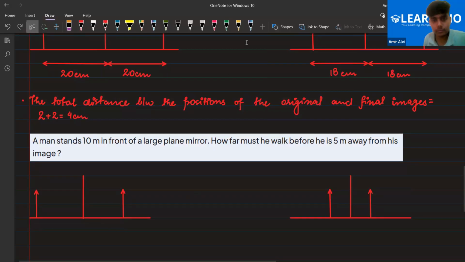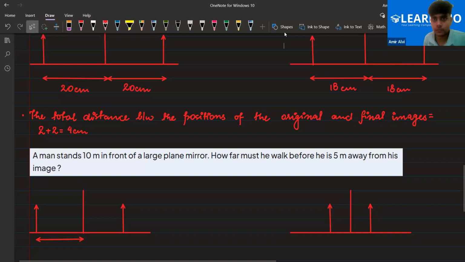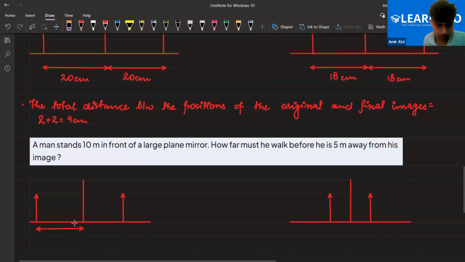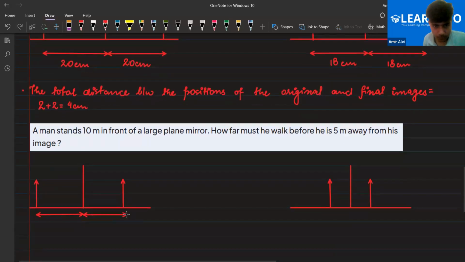So the distance over here is 20 for 10 meter. So over here, 20 meter is the distance between the man and his image, right?